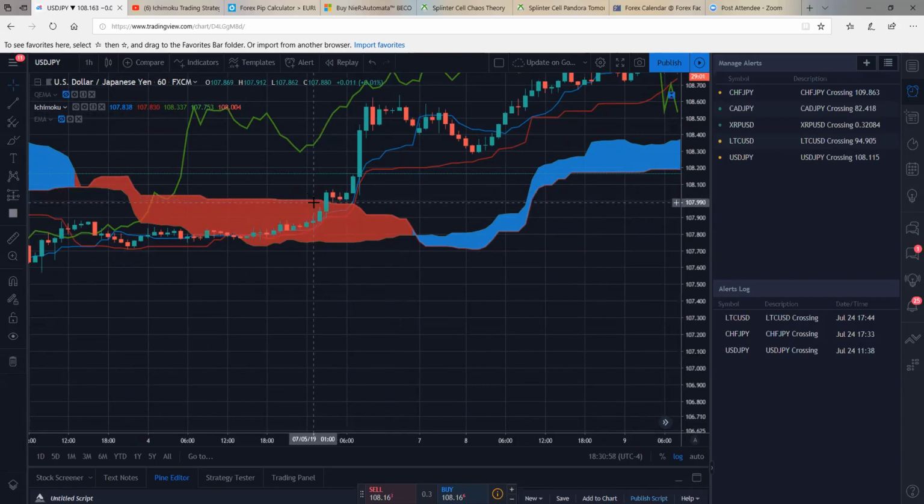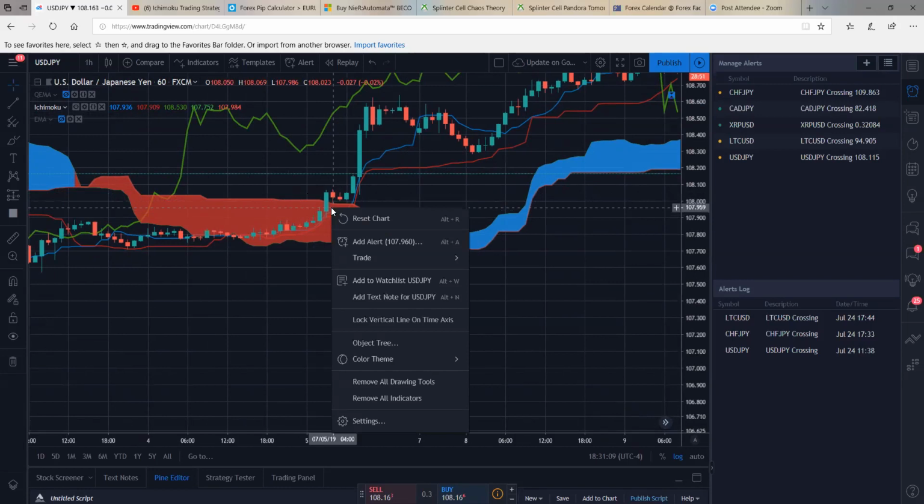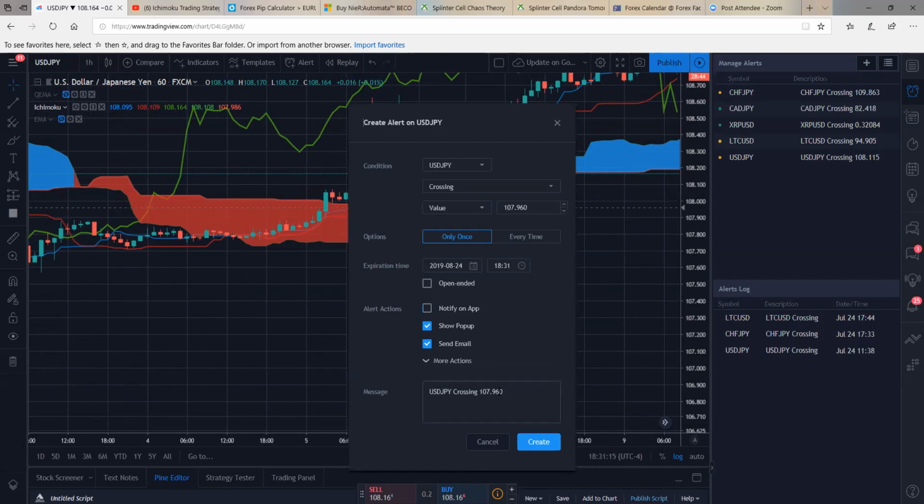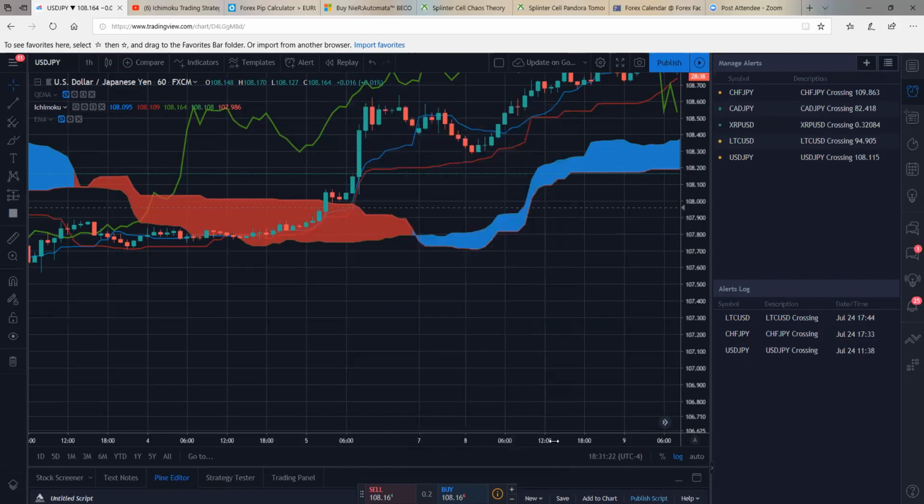I like to set mine just inside to give me enough time to sit down to the computer. So you come here to the area, you right click on your mouse, and you hit add alert. Send yourself a message, buy, and hit create. And it then pops up over here.